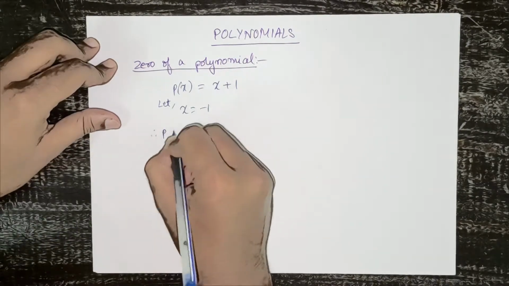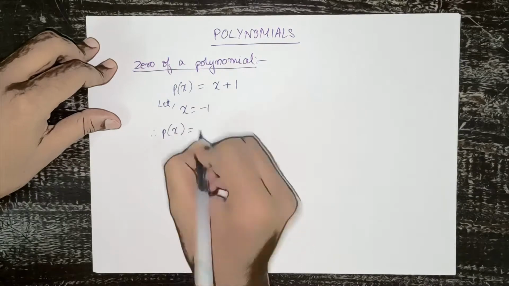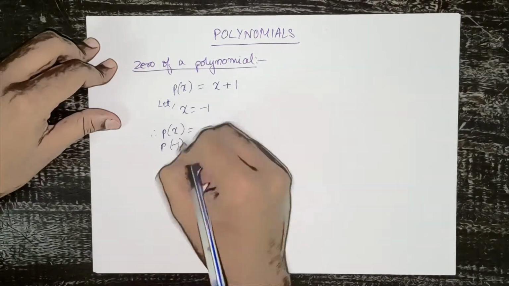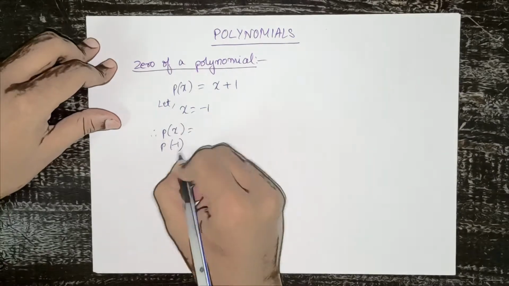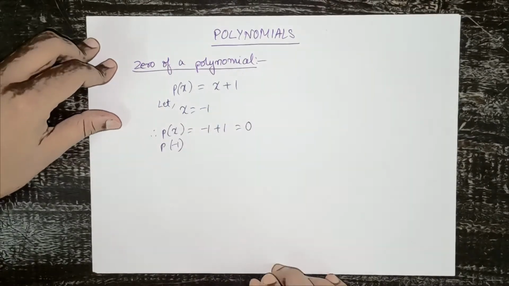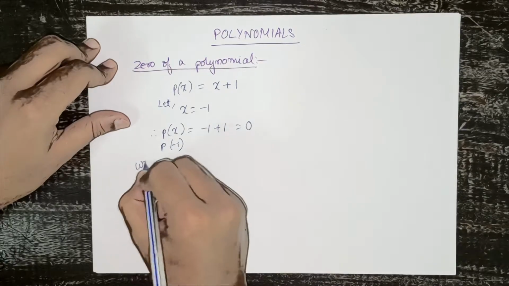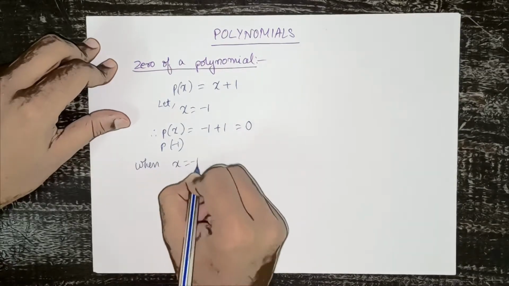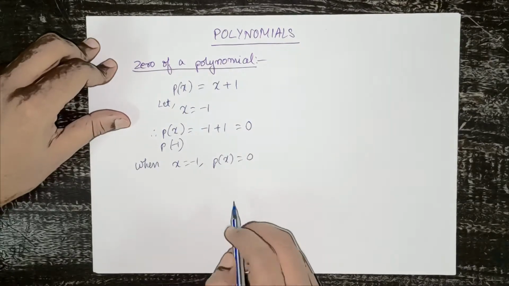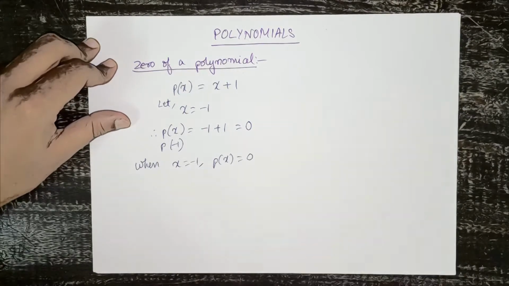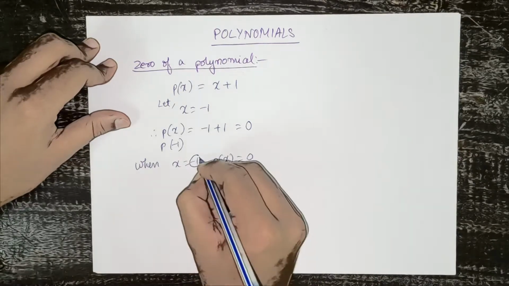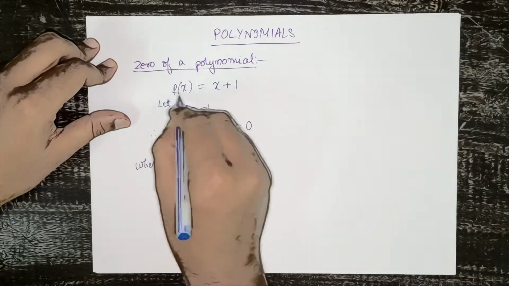Therefore, when x is equal to minus 1, p of x, or p of minus 1, will be, in the place of x, we write minus 1. So it will be minus 1 plus 1, that is equal to 0. That means, when x is equal to minus 1, p of x is equal to 0. Right? So this means that this minus 1 will be called the zero of this polynomial.